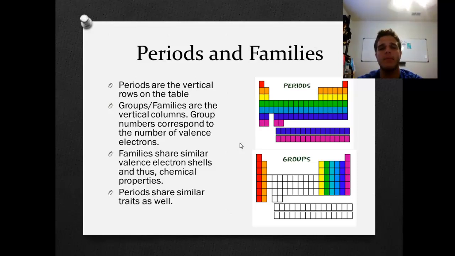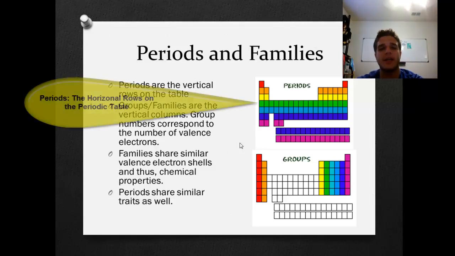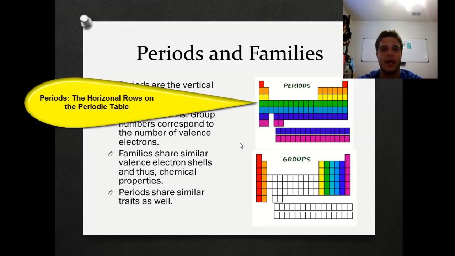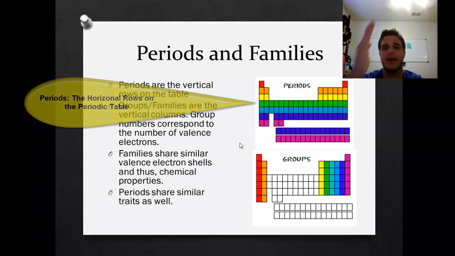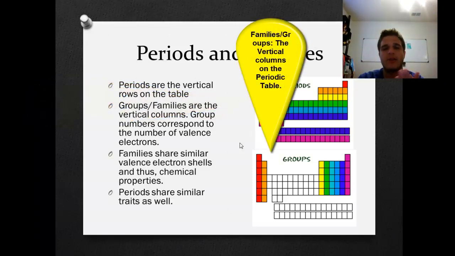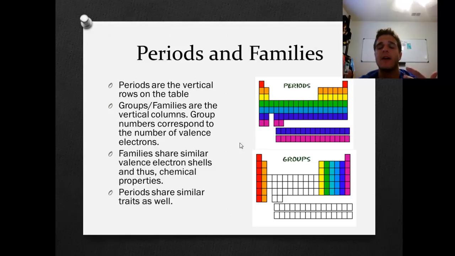So, on the periodic table, it is highly organized based on the fact that it has different periods and different families, or groups, okay? Now, the periods run horizontally, and the families run vertically, okay? Now don't forget that, because that'll get way more important when you get into chemistry, especially the periods, but the groups are vital for IPC, okay?